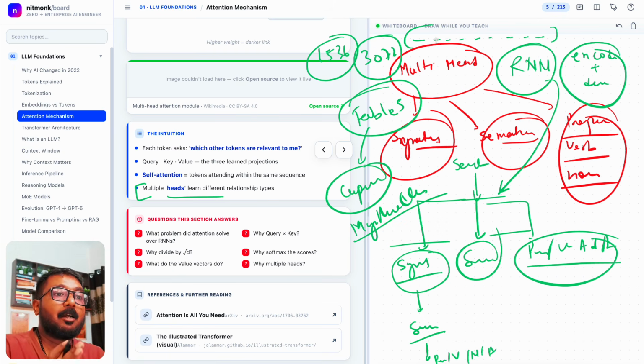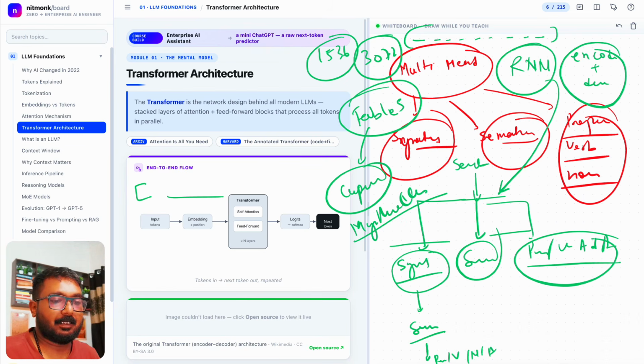In that space we can do all mathematical operations, like applying dot products and multiplying matrices, generating another matrix from that matrix, which gives us the relationship between tokens. Now let's try to understand what the transformer architecture is.